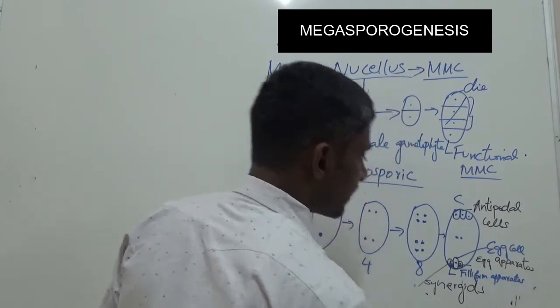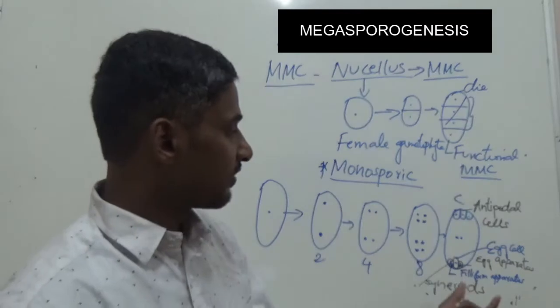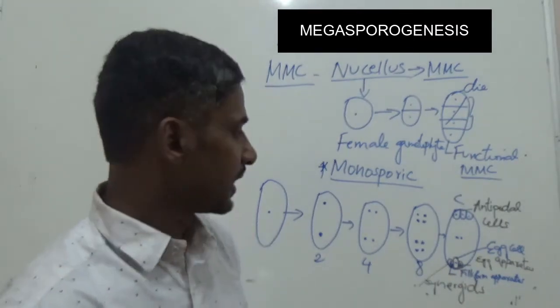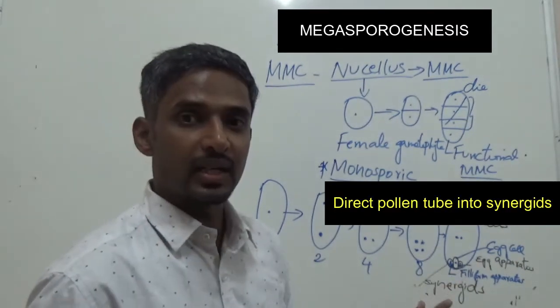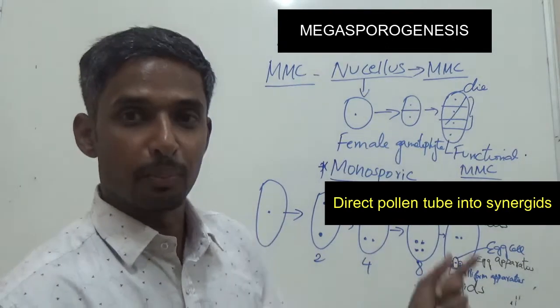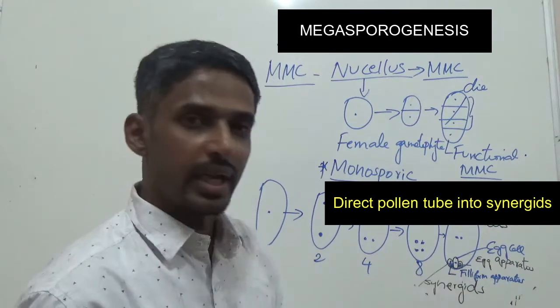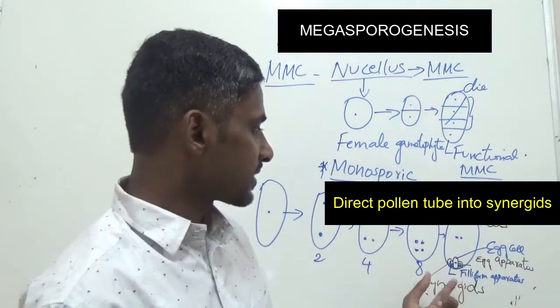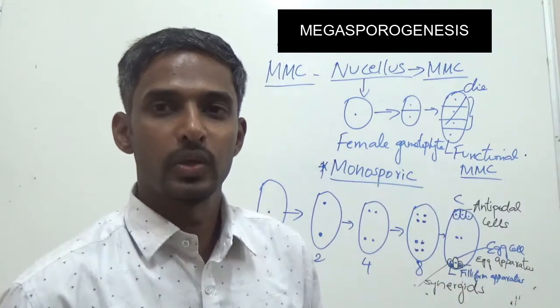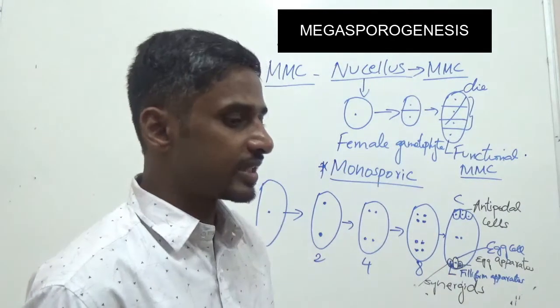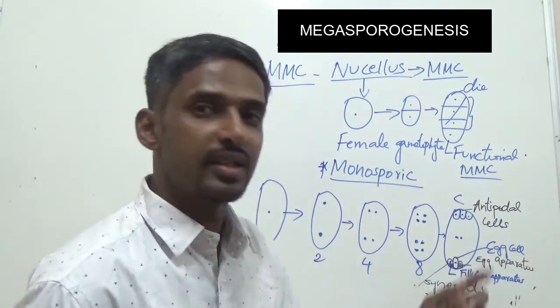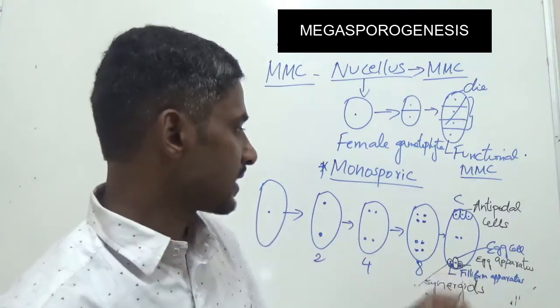What does this filiform apparatus do? The main function of the filiform apparatus is that during reproduction it will direct the pollen tube towards the synergids, and then through the synergid cells the pollen tube will enter into the egg cell.